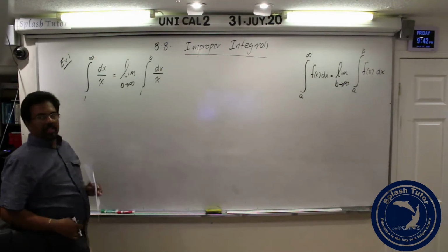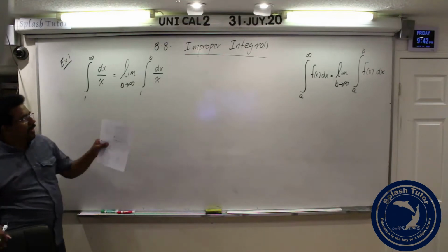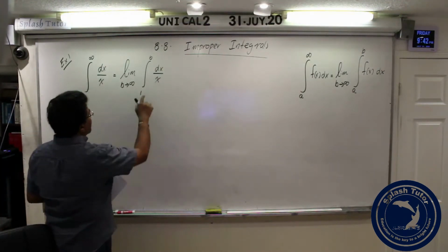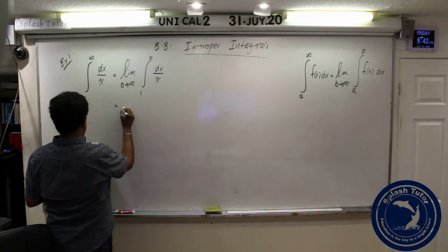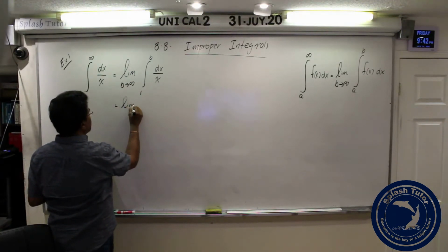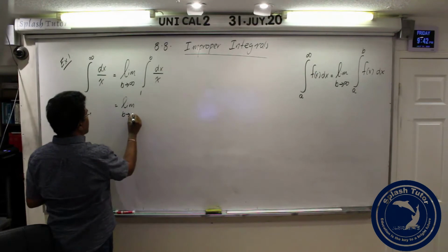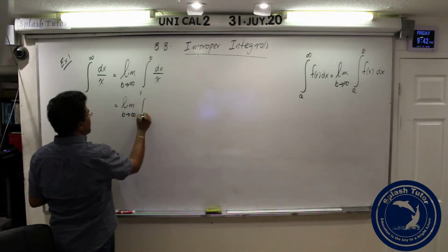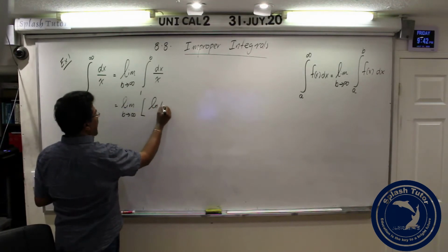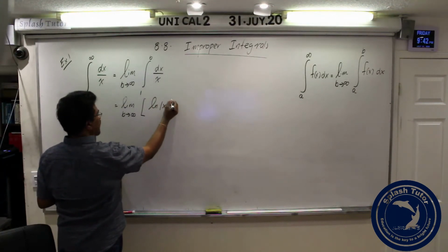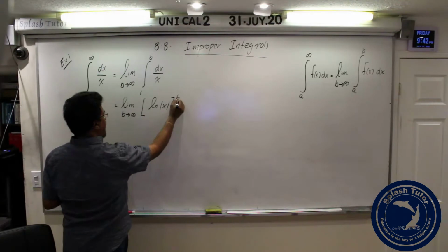That's actually the formula for the improper integrals. Now this one we can integrate because that is a regular one. So if you integrate that, you get the limit as b goes to infinity of ln x, right, from 1 to b.